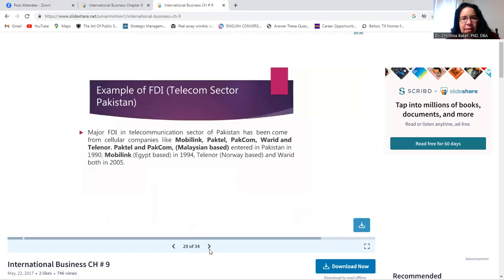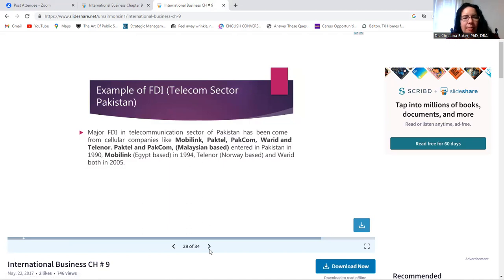Major FDI in the telecommunications sector of Pakistan has come from cellular companies like Mobilink, Paktel, Pakcom, Warid, and Telenor. Paktel and Pakcom, Malaysia-based, entered Pakistan in 1990. Mobilink, Egypt-based, in 1994.